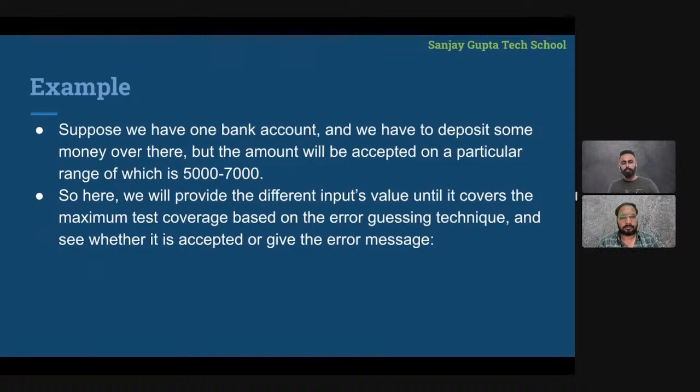The second one most probably would be 7,000, and then we might go either greater than 7,000 or lesser than 5,000. We might also input some values between the range of 5,000 to 7,000. At the end, the goal is to make sure that only the values that lie between 5,000 and 7,000 are accepted. Else, we should be prompted with an error that an invalid set of values is being populated in the fields.